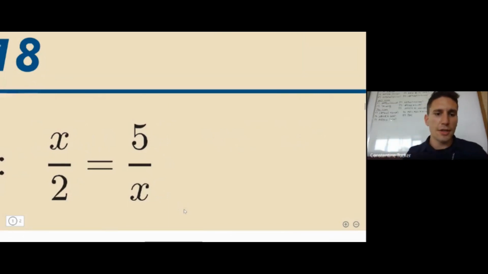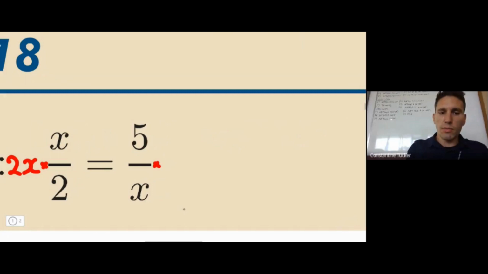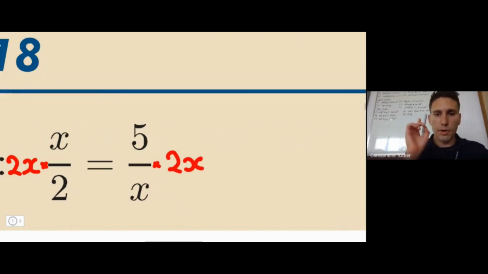Now, at first sight, this problem doesn't look like the previous problems, but let's do this thing where we multiply both sides by the denominators. So we've got a few methods here, but the method I will recommend is just multiplying everything by the product of the denominators. So multiply everything by 2x. So we are multiplying by 2x, and we are multiplying by 2x on both sides. Now, let's see what that gives us.